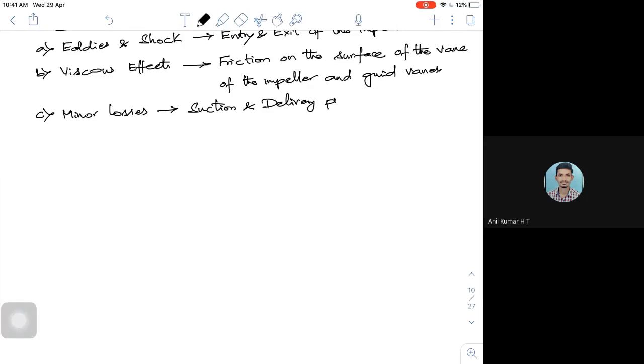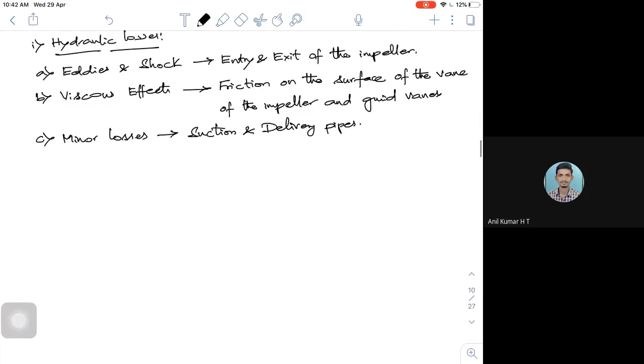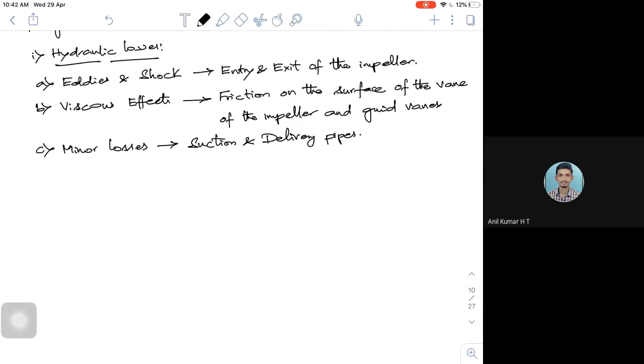So all these three, I'm trying to quantify only the major one. There can be eddies or shocks, there can be viscous effects, and there can be minor losses.